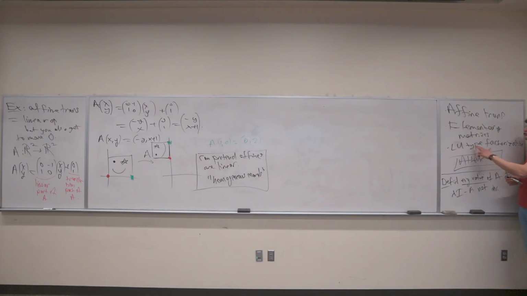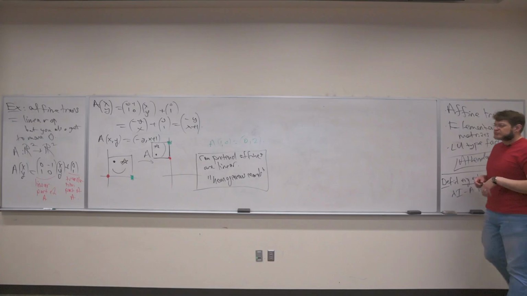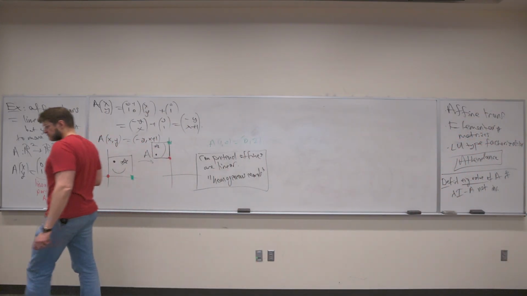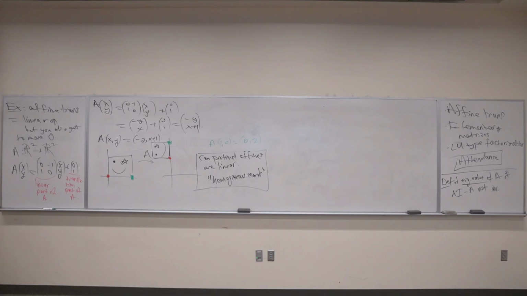When I say LU-type factorization, that means it's a whole family of different types of factorizations. There's LU, there's LDU, there's PLDU, and then there's a couple more. But they all depend on two fundamental ideas. First idea is that row reduction, in fact, underneath the hood, is nothing but matrix multiplication.